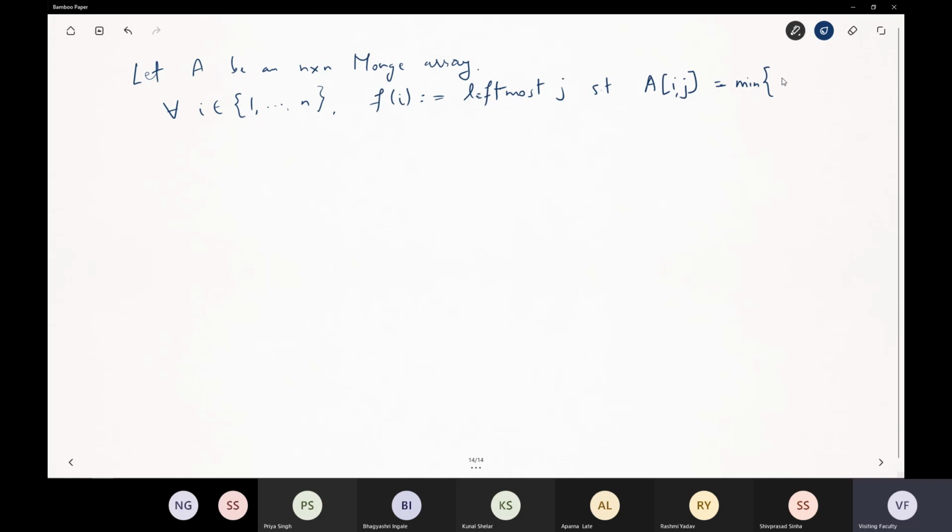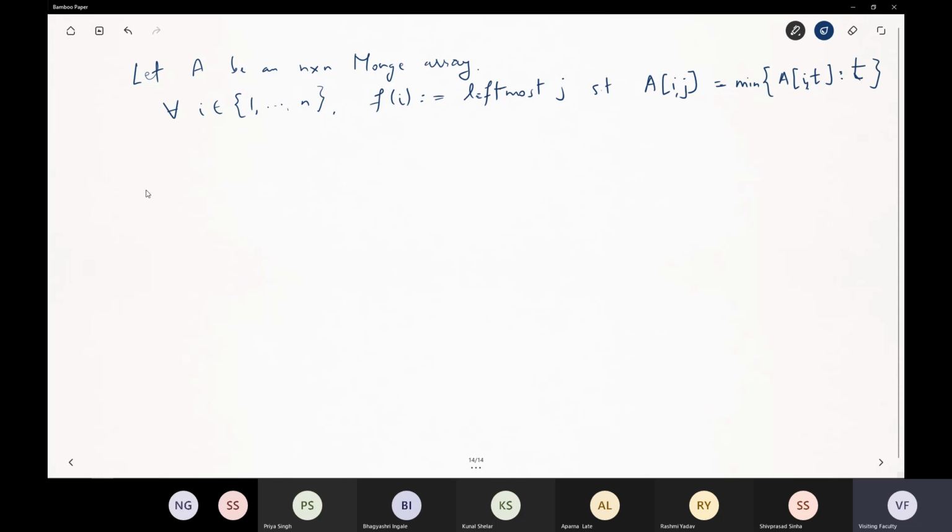So the minimum among a_it for all t, where t varies from 1 to n. The smallest element in the ith row could appear multiple times. You look at the leftmost position in which it appears. That j is defined to be f of i.